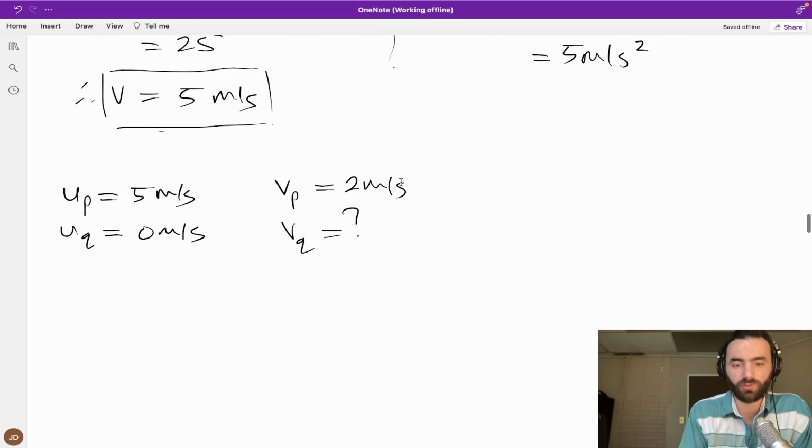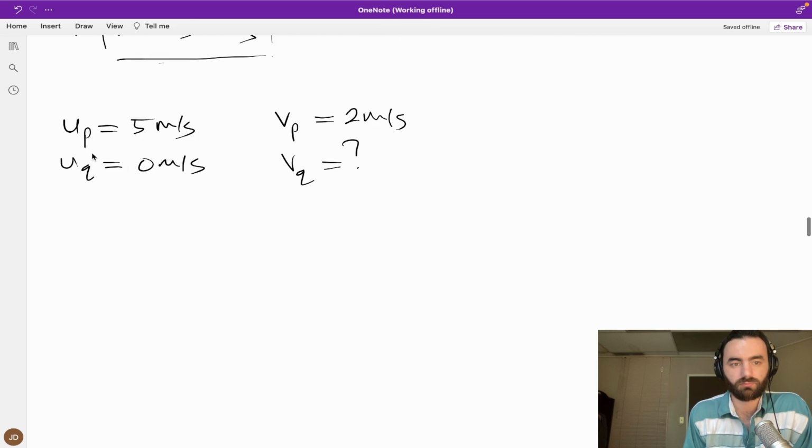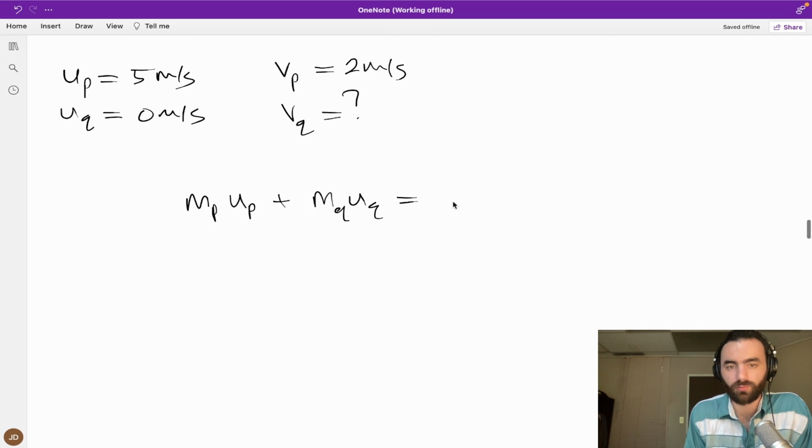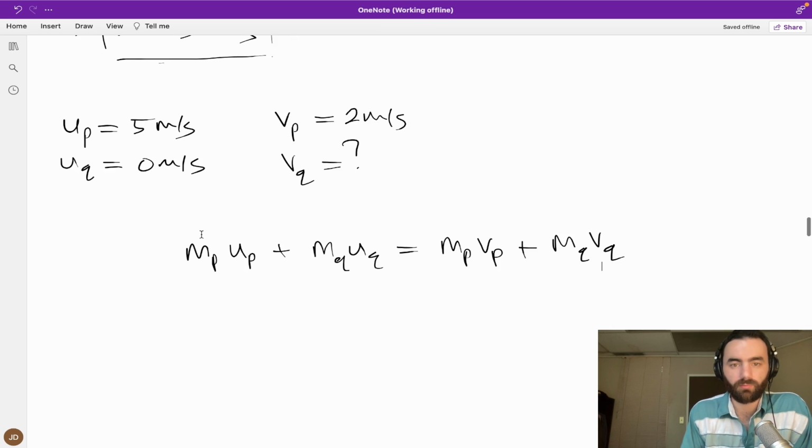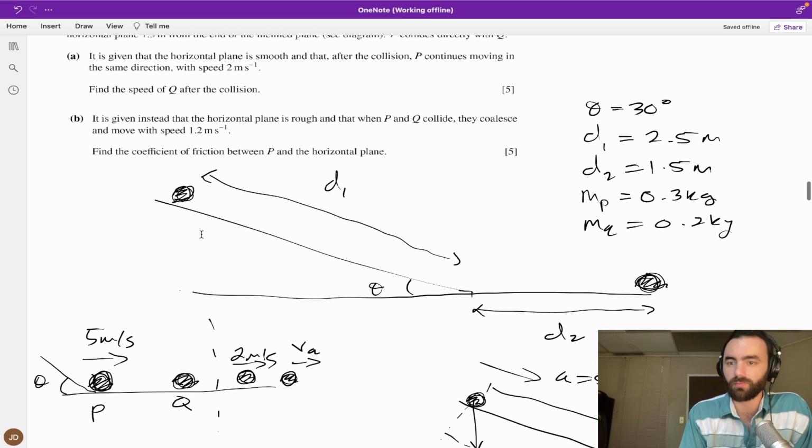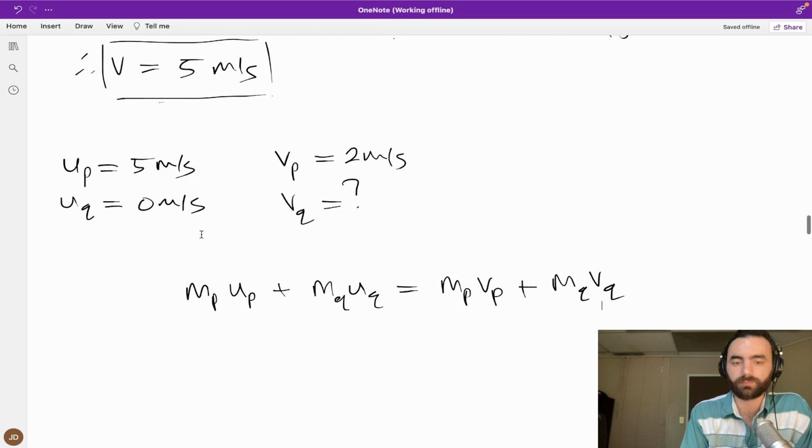Then we just plug it into the conservation of momentum equation: m_P u_P plus m_Q u_Q equals m_P v_P plus m_Q v_Q. The masses of these two are 0.3 and 0.2.